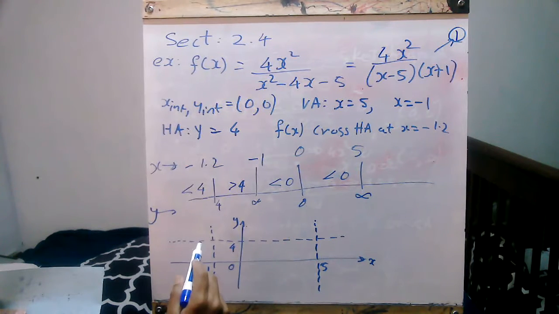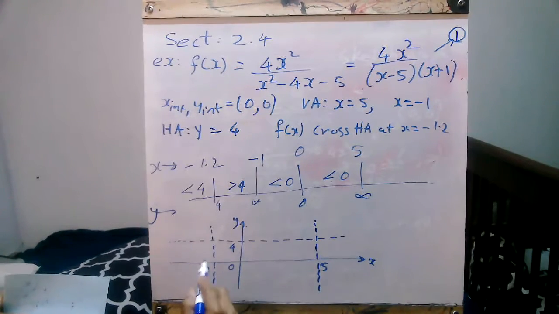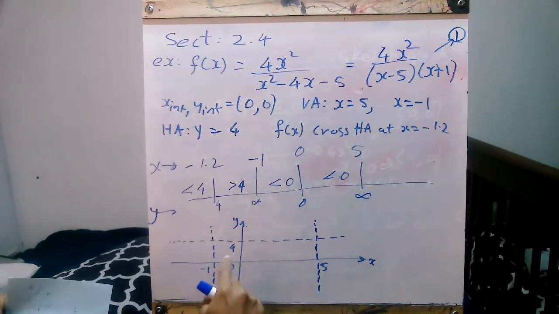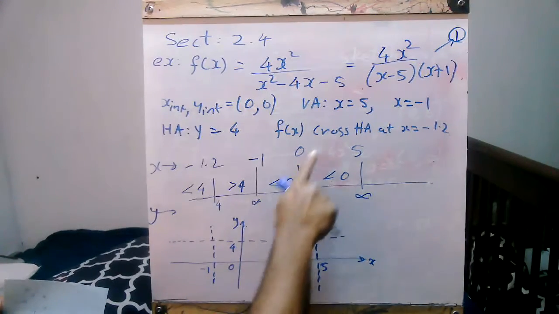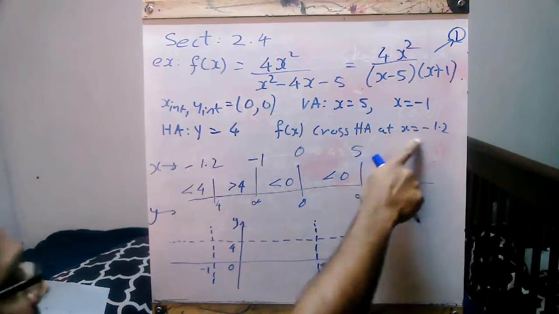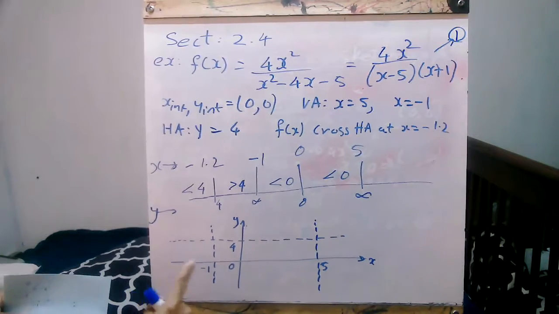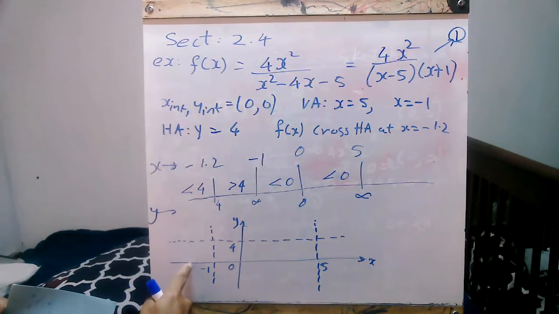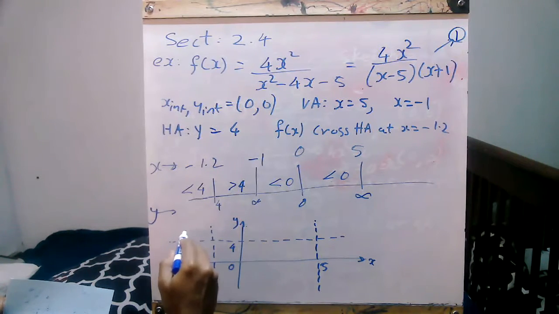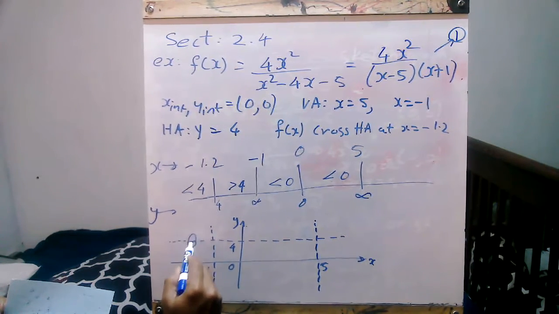Now, negative 1.2, in fact this value crosses the horizontal asymptote at x equal to negative 1.2, which should be somewhere left of negative 1. Say this is negative 1.2.